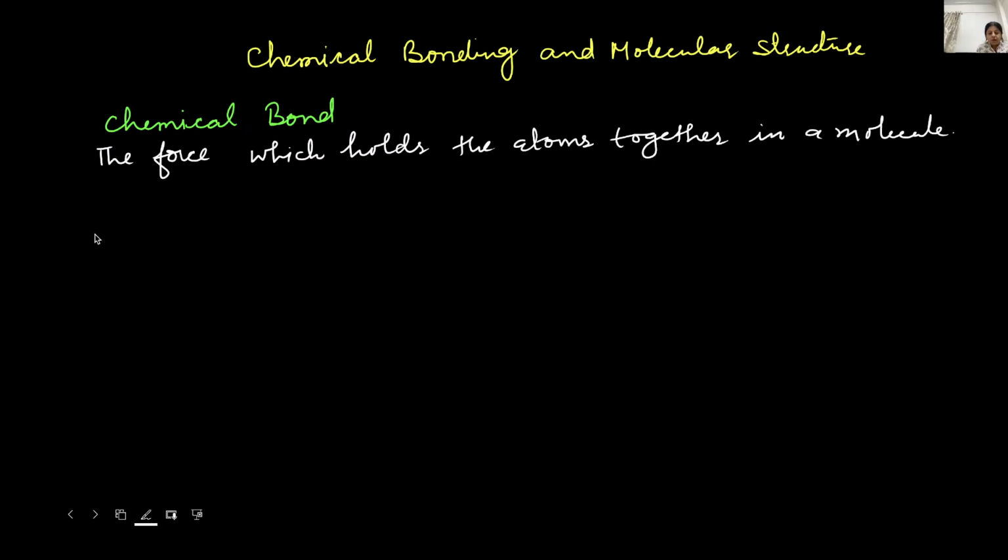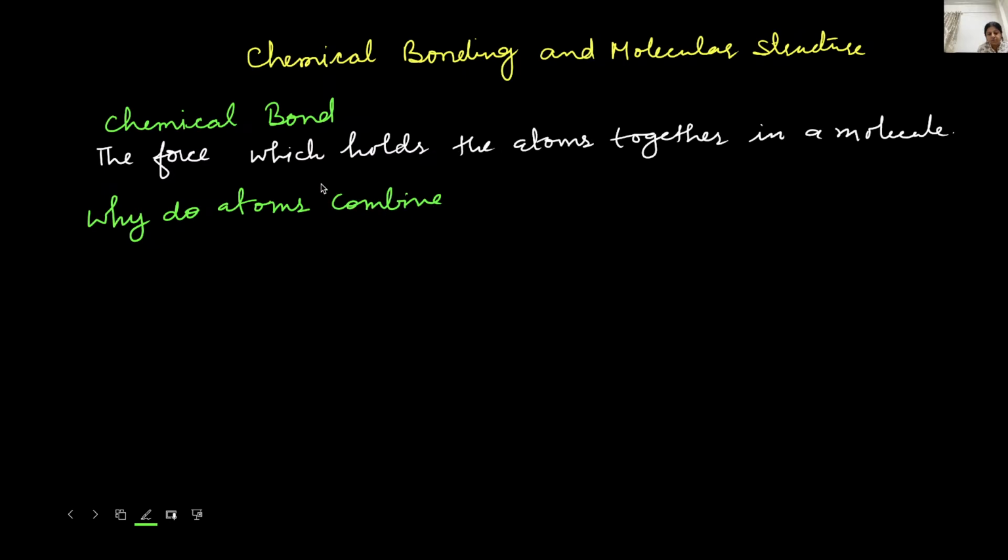Now the first question arises in your mind: why is there a need of chemical bond in a molecule? Why do atoms combine? What is the need of this chemical bond in the molecule? So how will you explain it?